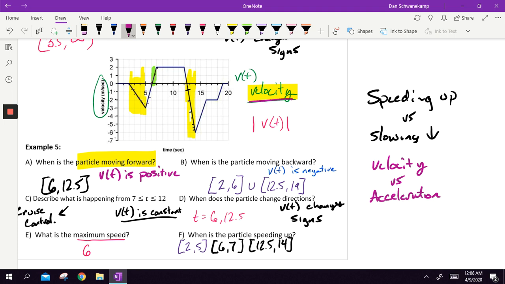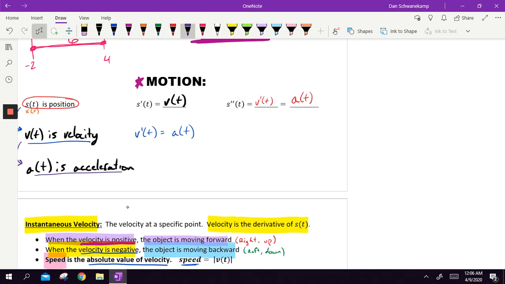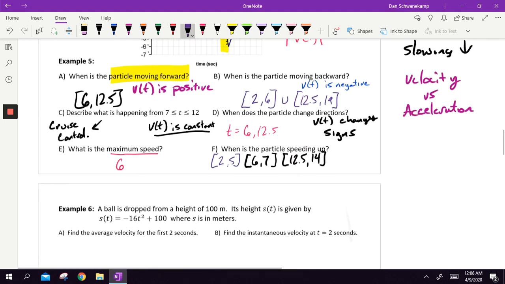They will normally give this to you on a velocity graph. What am I looking for on this velocity graph to tell me the acceleration? If I've got velocity and I want to know about acceleration, I want to look at the derivative of velocity, or in other words, the slope of velocity.